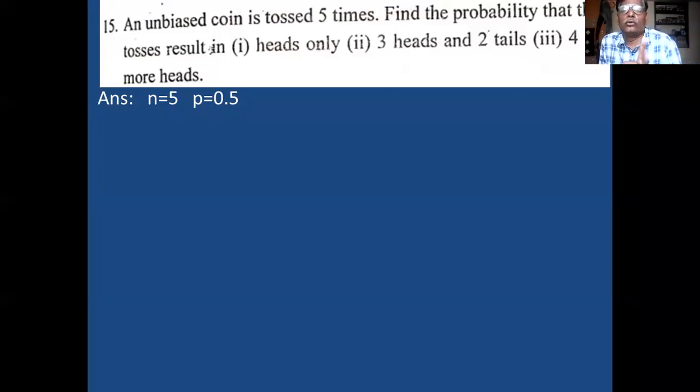The coin is having 2 faces. One is head, another is tail. Okay. So probability of head is 1/2. Probability of tail is 1/2.